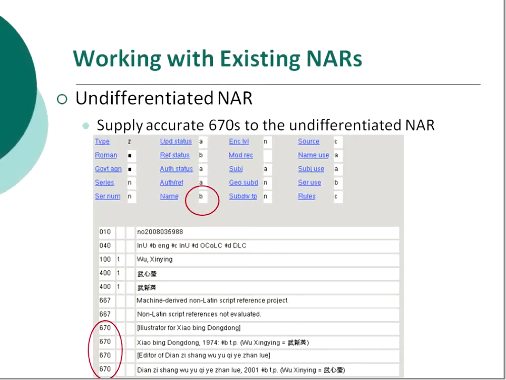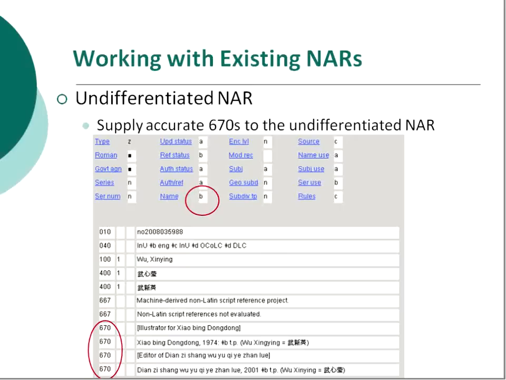Now, let's take a look at what the cataloger did in the next step. Now, we know the 670 field has been taken to the differentiated authority record. So what's left in this authority record is without a 670 field.